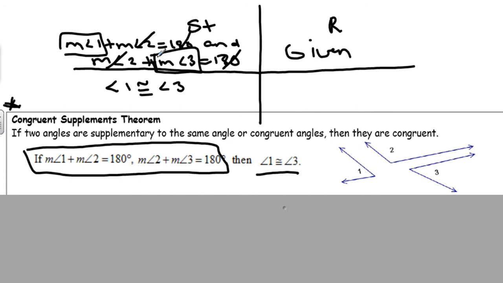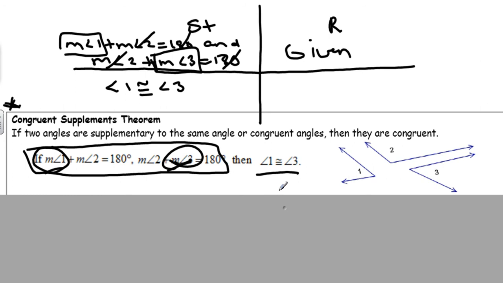It kind of looks like a roundabout substitution property. But all they're doing here is saying that any sets of congruent supplements are congruent. And this one's going to be really hard to see, but you've got to get used to seeing this pattern. You'll be given two sets of angles that equal 180, another two sets of angles that equal 180, and then you'll be left with one and the other equal to each other.